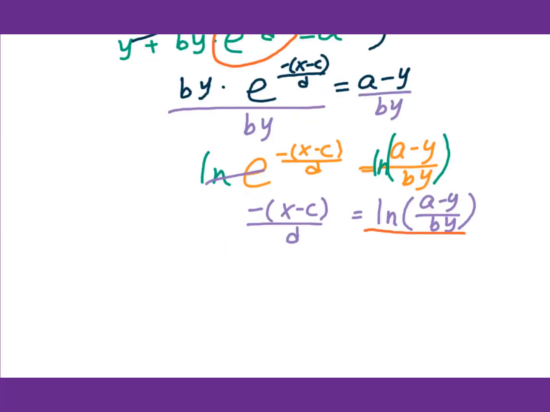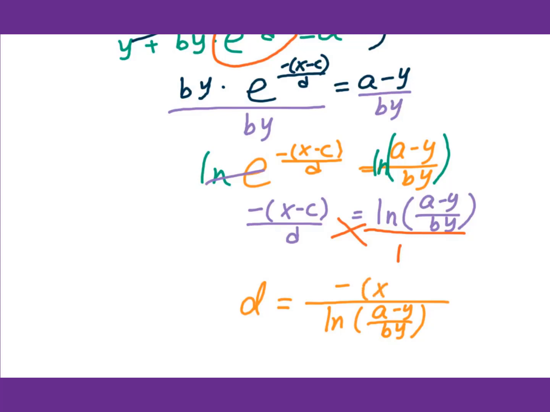Then we do cross multiply. We solve for d, therefore d equals negative x minus c over natural log of a minus y over by. This will be the final answer.